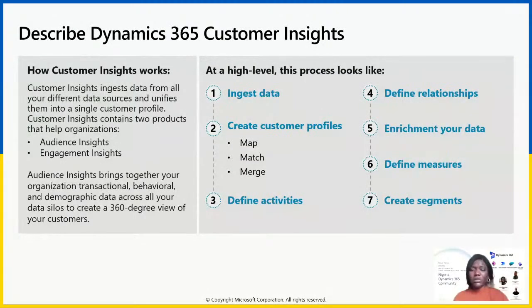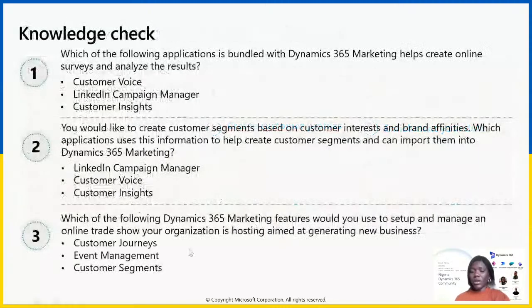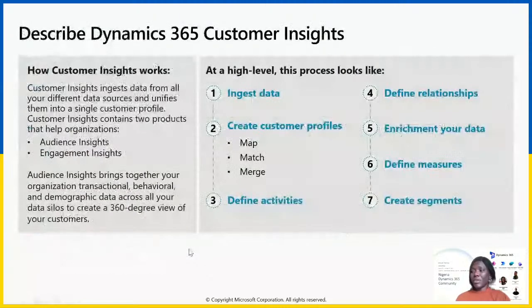Then when you have matched the fields properly, you can now merge the data source into your marketing data. And then you can define various activities on it. You can define relationships based on the data you have gotten. You can also enrich your customer data based on other various elements. You find the measures, and then you can create segments from it. So this is basically how the Customer Insights process works.